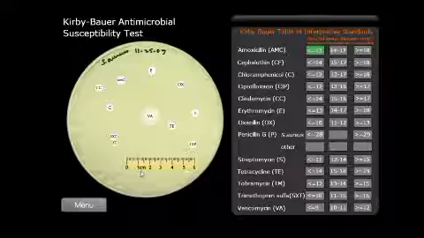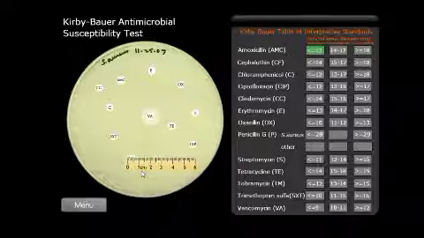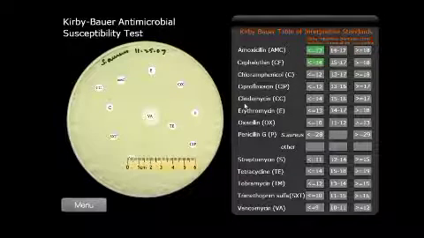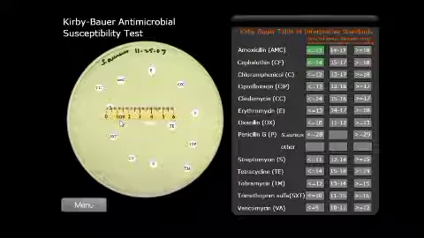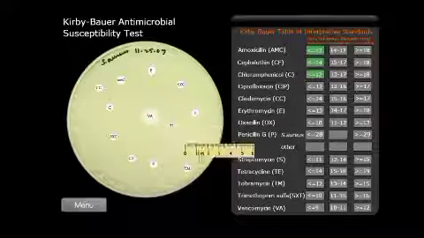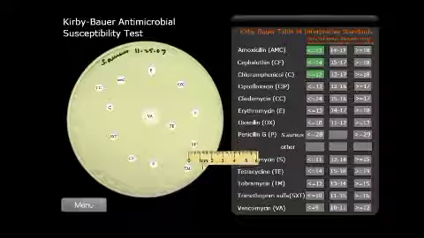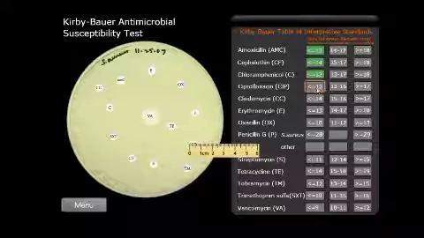CF, 6, which is resistant. C, 6, which is resistant. CIP, 6, which is resistant.